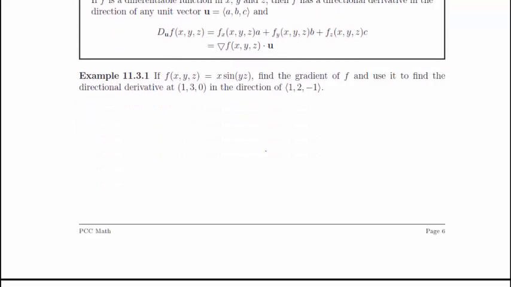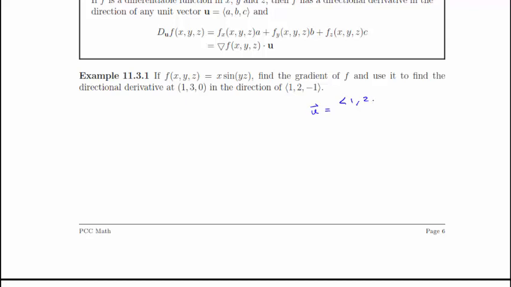So I'll do this example here. Example 11.3.1. If f of x comma y comma z equals x sine of yz, find the gradient of f and use it to find the directional derivative at 1, 3, 0 in the direction of the vector 1, 2, -1. You do not want to forget to make this a unit vector again, so I'm going to do that right now before I forget.